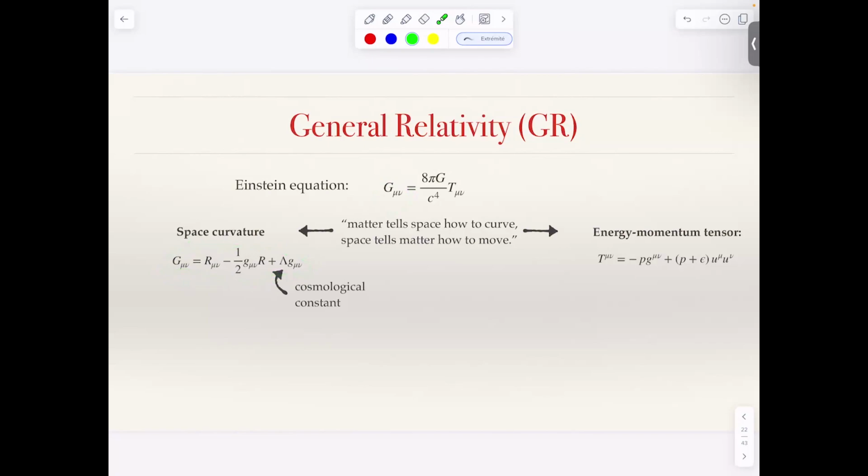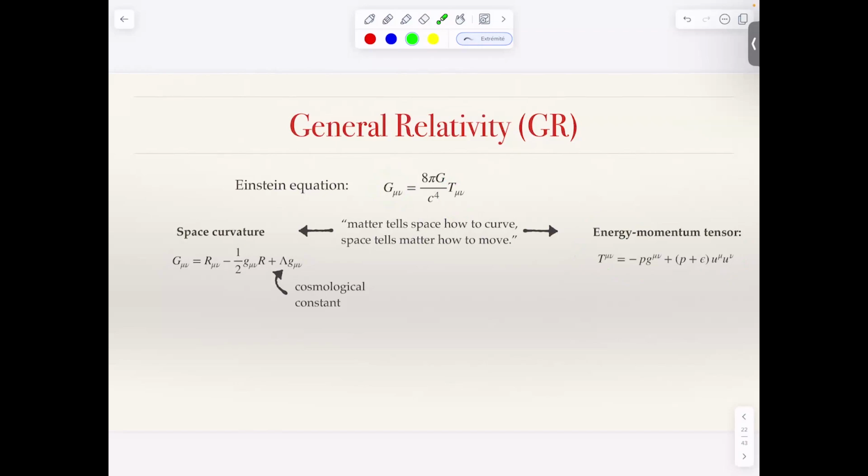On the left-hand side of this equation, it describes how space is deformed, and on the right-hand side, you have information about the energy that you put in your space.